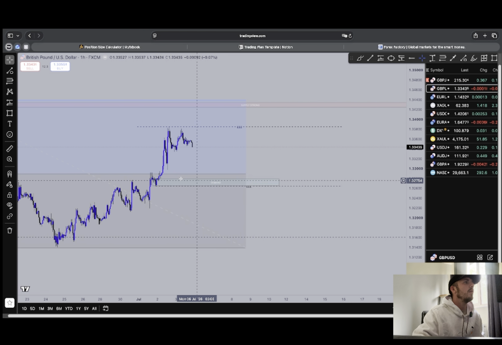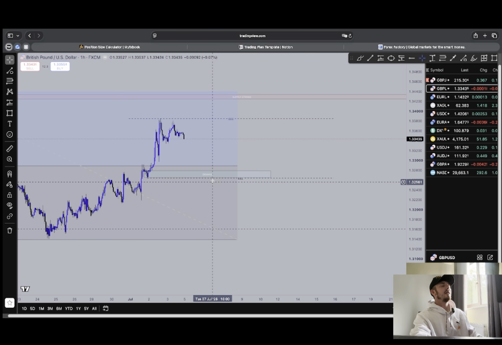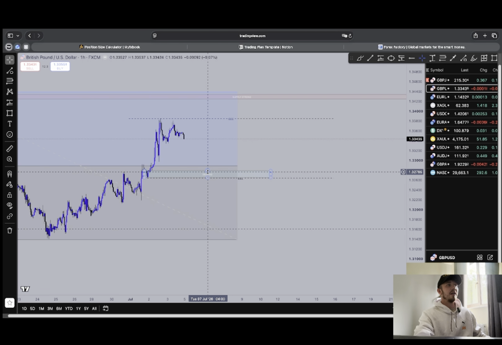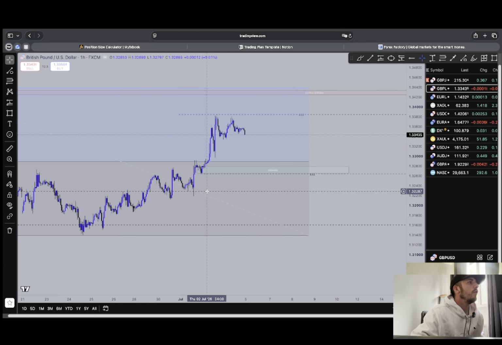In this area, we've got the demand with the daily liquidity sitting below it. So if I was to enter a buy there, I'd wait for that liquidity to get swept, look for a bullish candle, and then buy on my entry model.